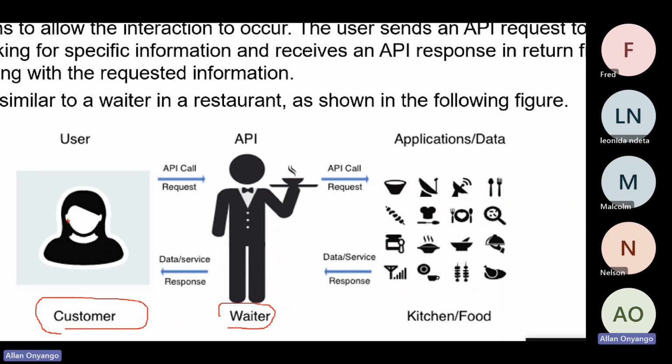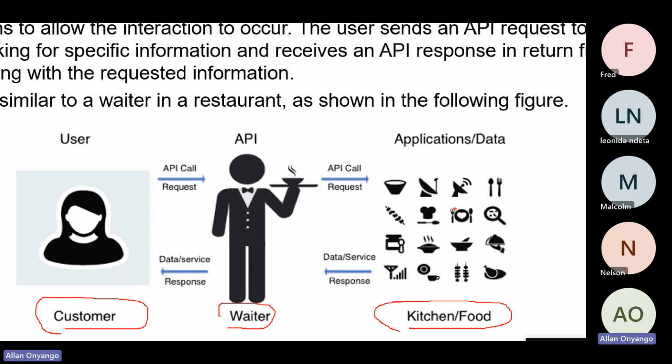The waiter is the person whose job is to inquire what food is available in the kitchen, and come back and tell you that we're having chicken biryani, we're having mandondo for beans and chapatis, we're having some stew, all those kinds of foods that we have there.